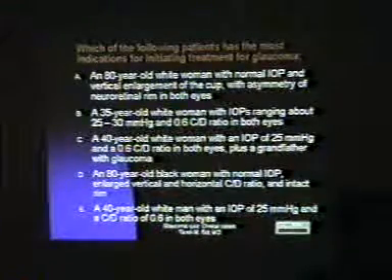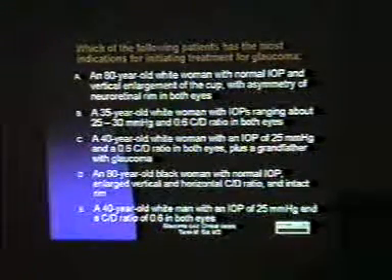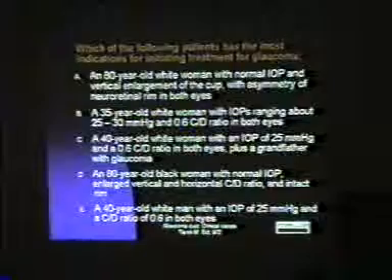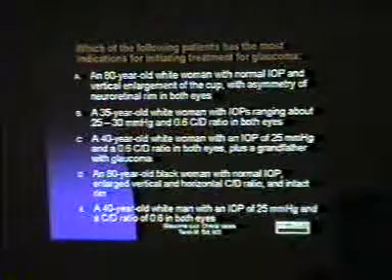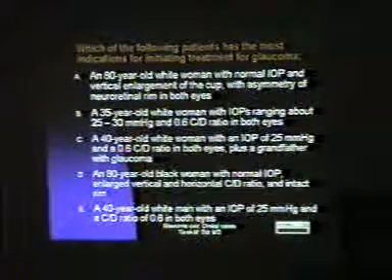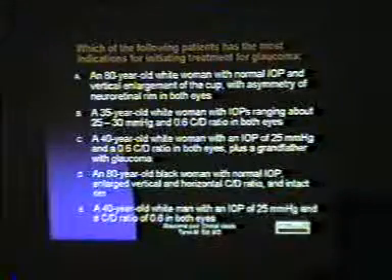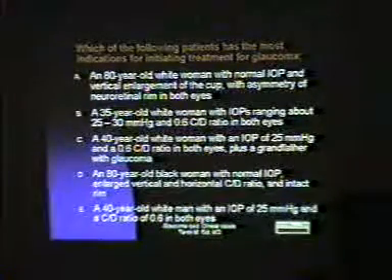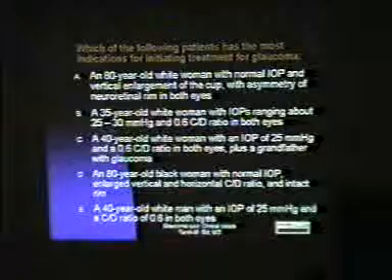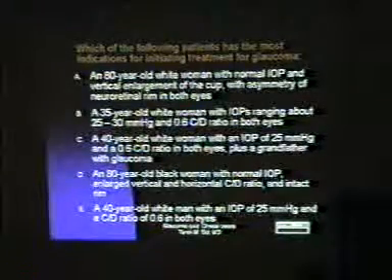How about a 40 year old white woman with an IOP of 25 and 0.6 cup plus a grandfather with glaucoma? You will treat. What's the difference between this patient and the second patient? Just the family history? Okay.